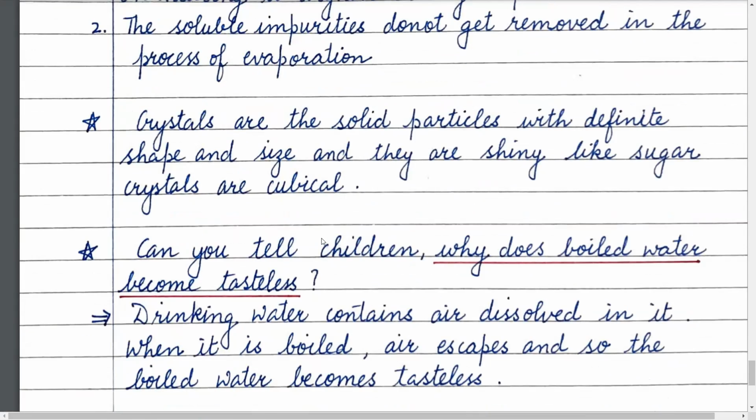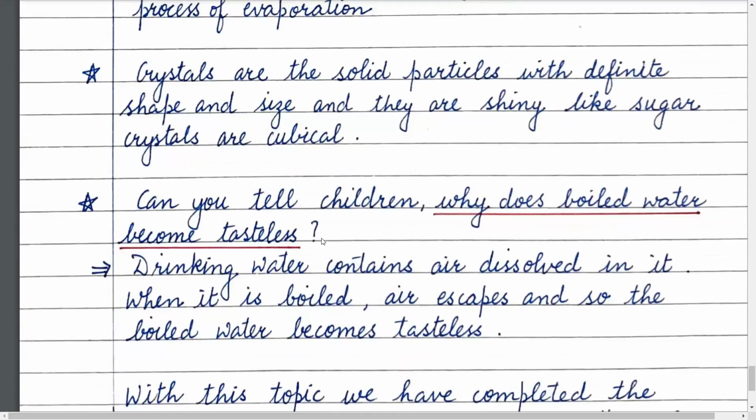Can you tell, children, why does boiled water become tasteless? Drinking water contains air dissolved in it. When it is boiled, air escapes, and so the boiled water becomes tasteless.